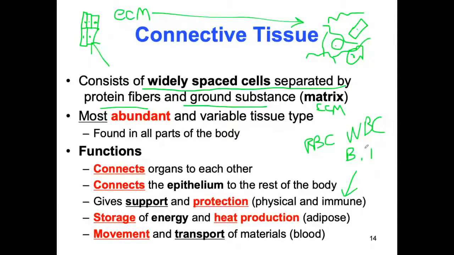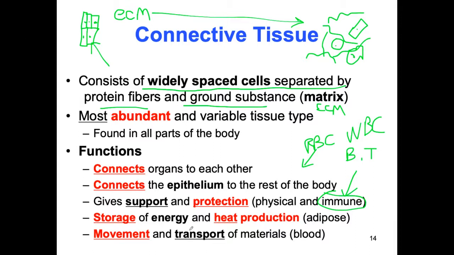We also have T cells, but B cells evolve into plasma cells, and plasma cells produce antibodies, and antibodies help our immune system, okay? Red blood cells, on the other hand, although they're blood, their primary job is to carry hemoglobin, and hemoglobin is going to bind to gases like oxygen, carbon dioxide, and nitric oxide.